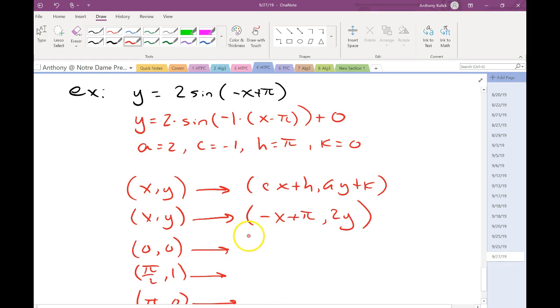So when I plug 0 in for x, negative 0 plus pi is just pi. When I plug 0 in for y, I get 0. When I plug pi over 2 in for x, I have negative pi over 2 plus pi, which is just pi over 2. When I plug 1 in, I get 2.